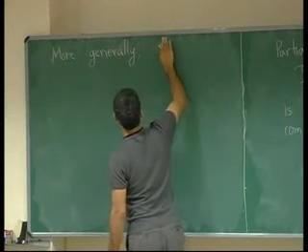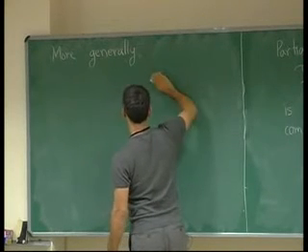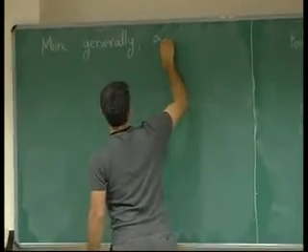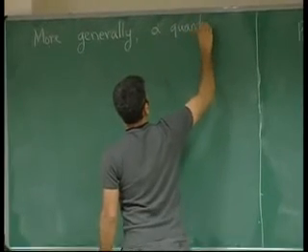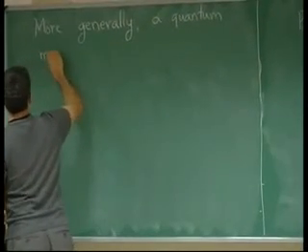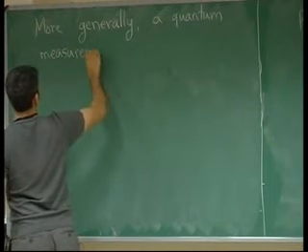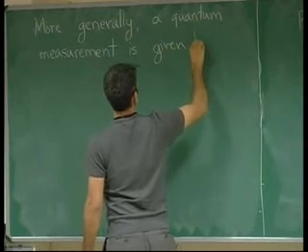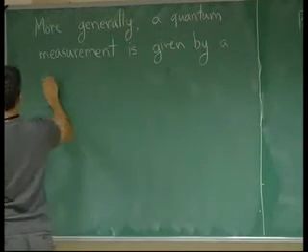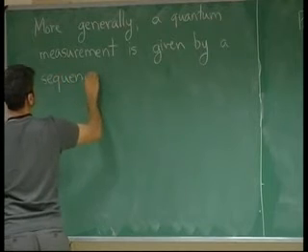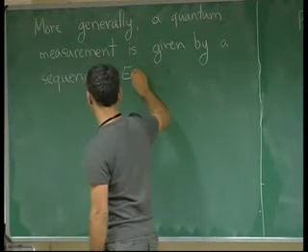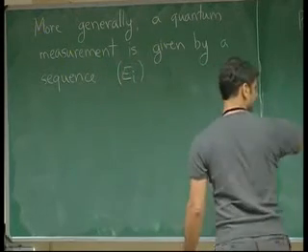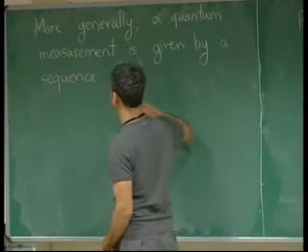More generally, such a quantum measurement is specified by what are known as POVM elements. I'll just use a different letter here, E, to distinguish it from an orthogonal projection measurement.